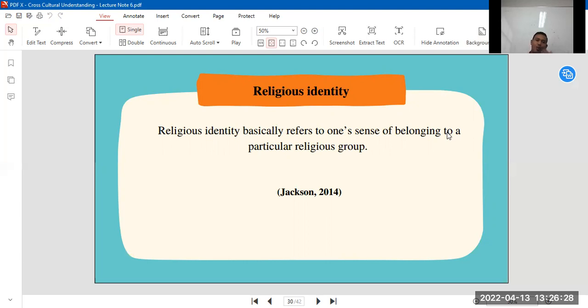One's affiliation with a particular religion may also be conveyed and reinforced through one's dress, traditional or even religious dress. For Muslim women, they use a head covering to cover their hair. They wear hijab, and so on and so forth. This is the religious identity.